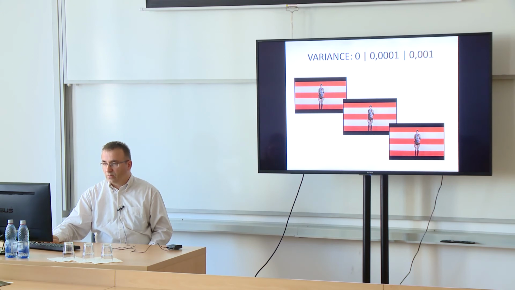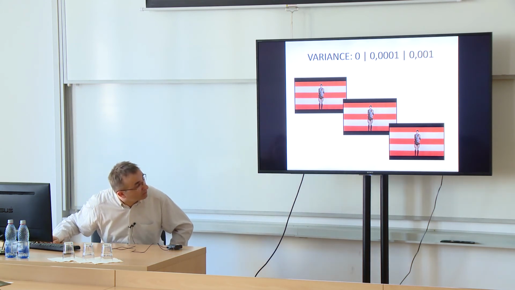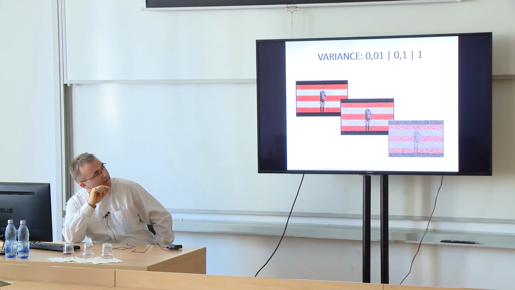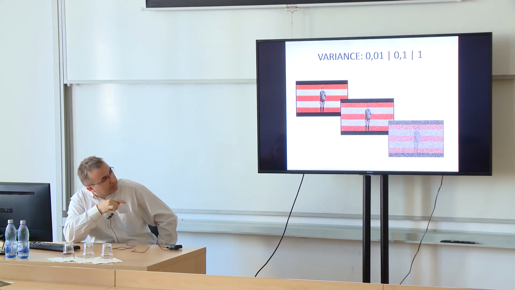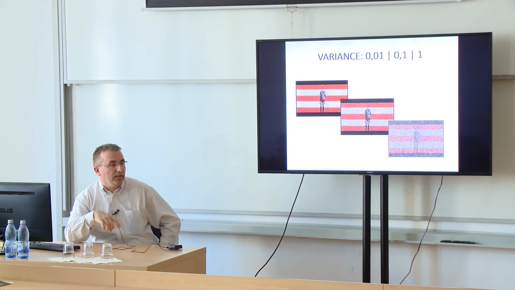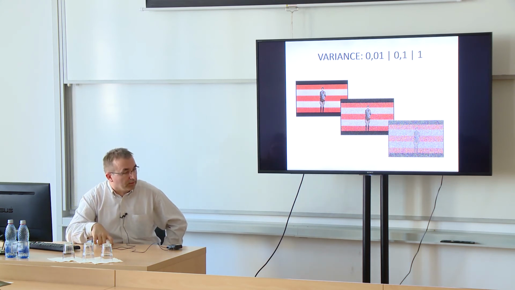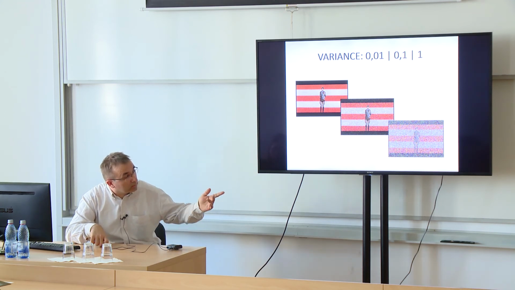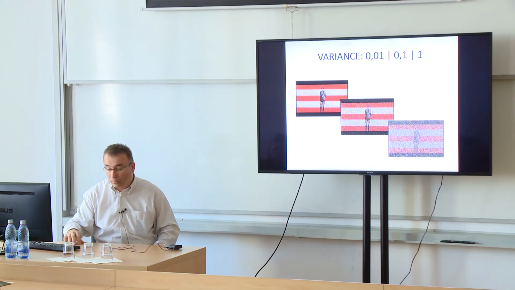The first one is the original picture, the second one has a little bit of noise added, and the third a little bit more, but you cannot see the difference. In the fourth one you can see it a little, and in the fifth and sixth. In the sixth one, noise with variance of 1 and mean 0 is added, and it looks like this. You can see the noise here.